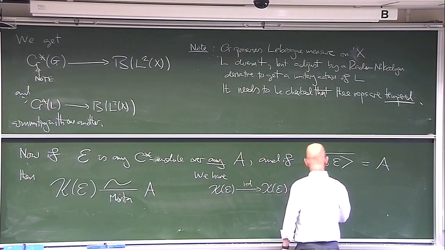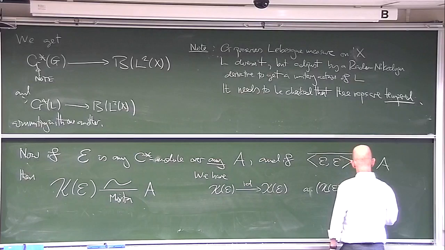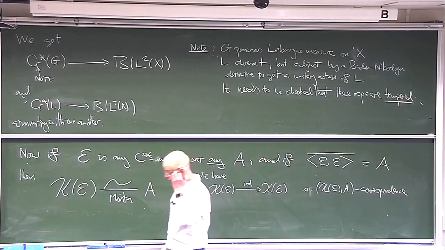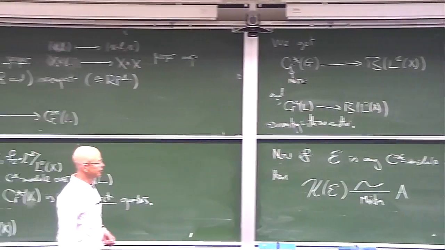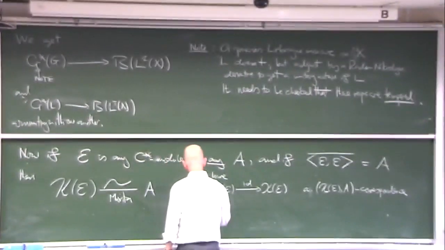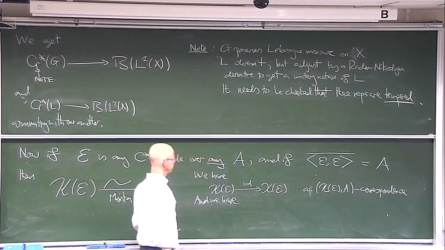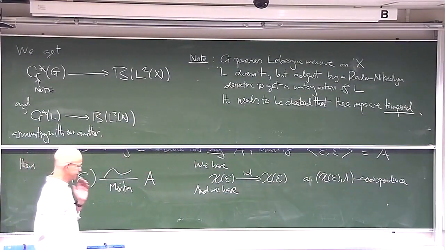There's an obvious correspondence, by definition, from the compact operators to A. That's a morphism in the category of non-commutative spaces, going from the compact operators to A. What about the other direction? Well, you can do the following thing. It's kind of interesting.